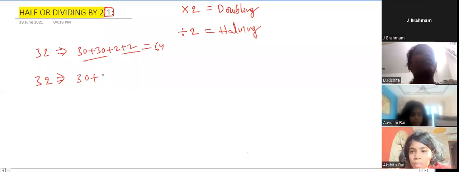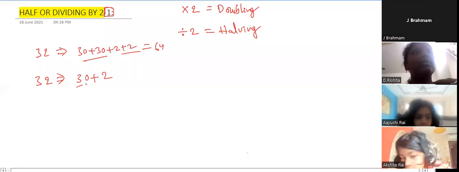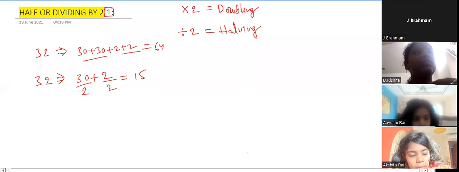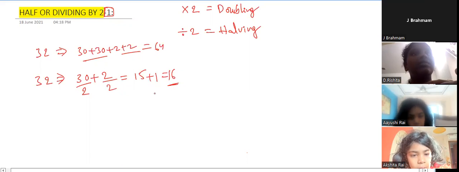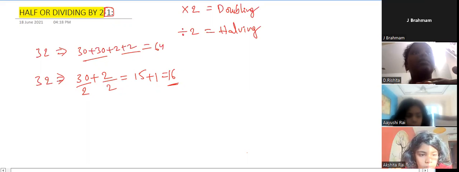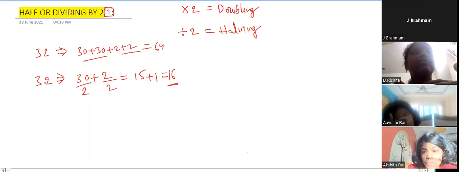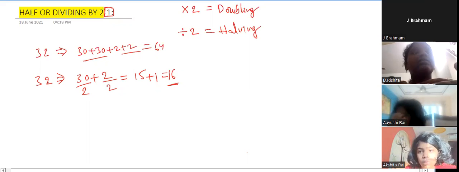Half of 30 is 15. Half of 2 is 1. Together it is 16. In this way we can split the number, do the required operation, and then add the resultant numbers.